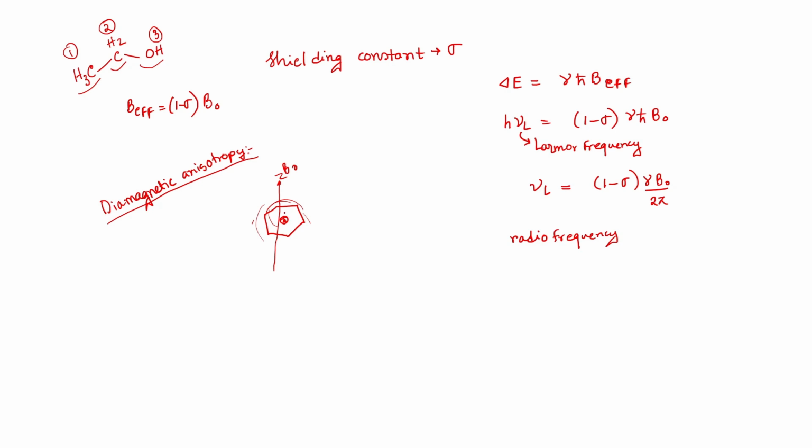If the current is going like that, there will be some inherent ring current due to the movement of the pi electron cloud.